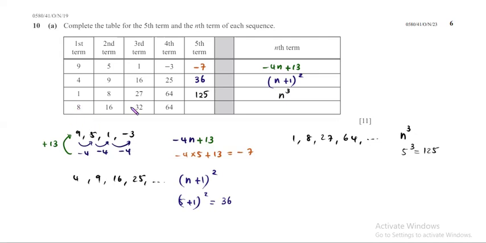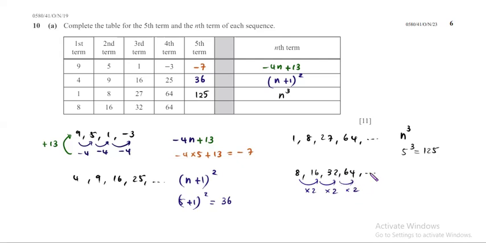Then the last sequence given to us is 8, 16, 32, 64. This is a geometric sequence, because each time it has to be multiplied by a 2 to form the next term.